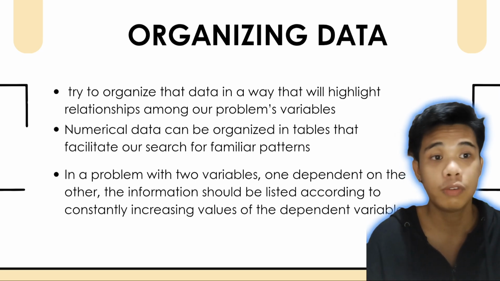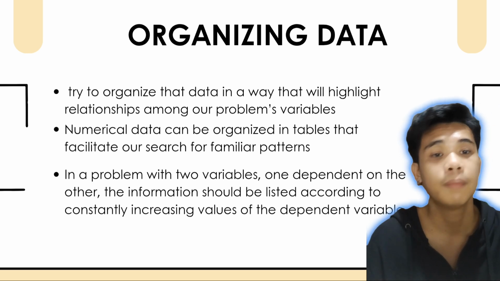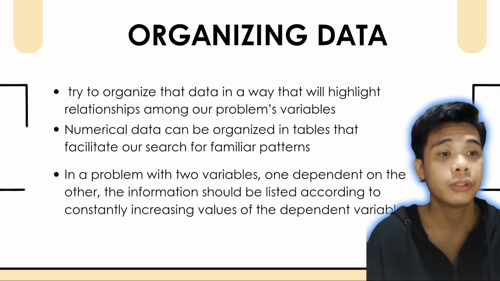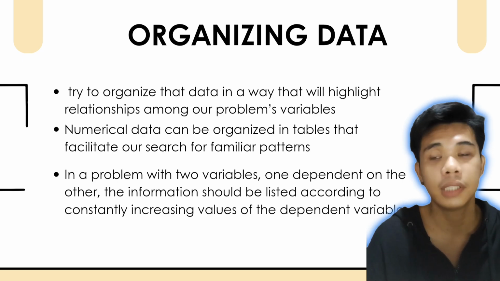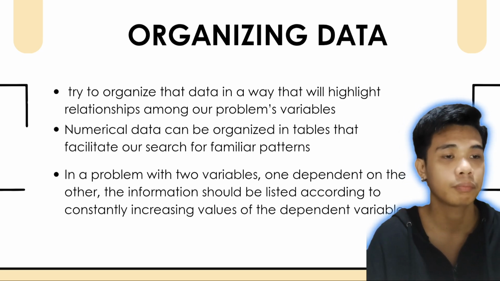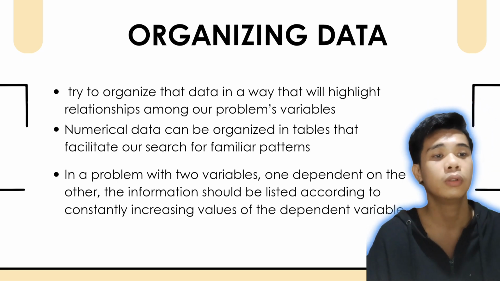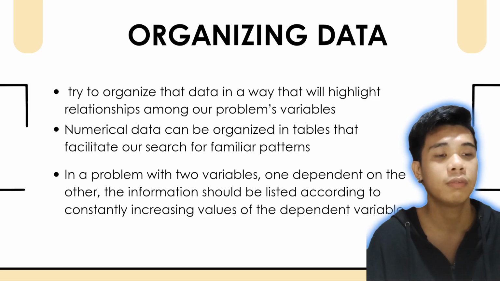In a problem with two variables, one dependent on the other, the information should be listed according to constantly increasing values of the dependent variable. So if the values are increasing, we need to list it accordingly for the dependent variable.